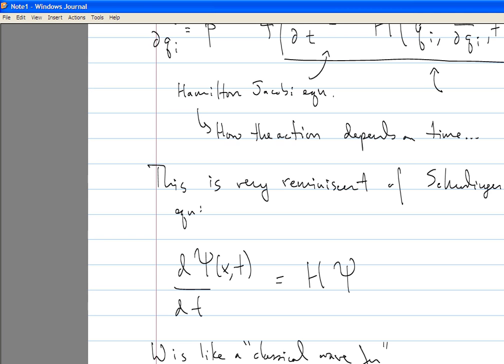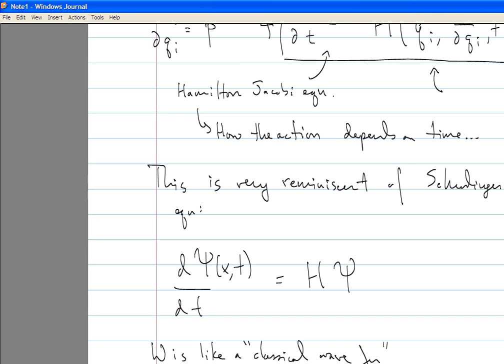Now, you don't want to take this analogy too far, because the wave function in quantum mechanics has a somewhat different interpretation from the wave function in classical mechanics. In classical mechanics, W is an action, and everything is completely deterministic. There's no amplitudes or anything like that in classical mechanics. Only deterministic evolution.